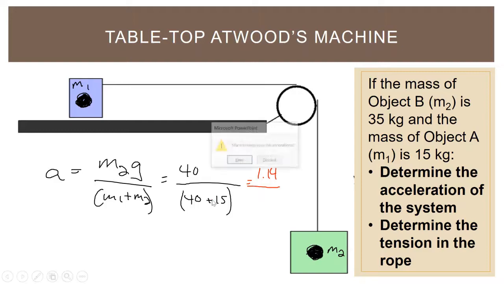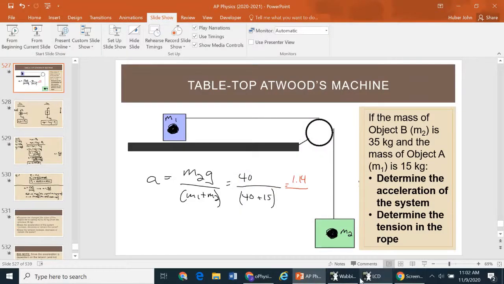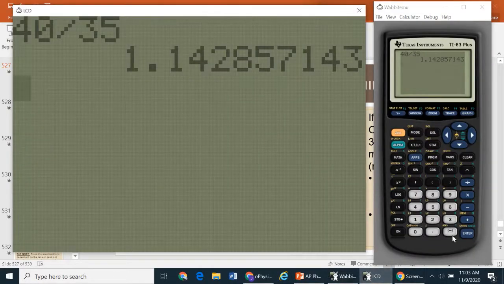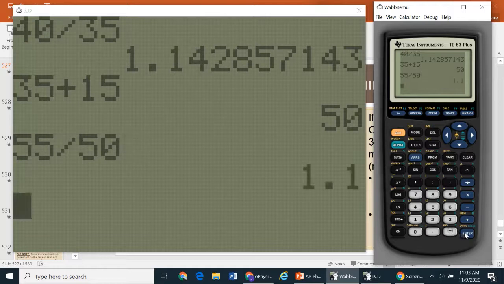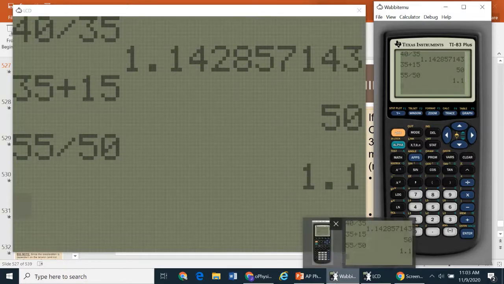And the question is, how does the denominator change? In the beginning, we had 35 plus 15, so that was 50, right? And now we're going to have 40 plus 15, which is going to be 55. What we want to see is how much bigger 55 is than 50. Notice it's only 1.1 times bigger.